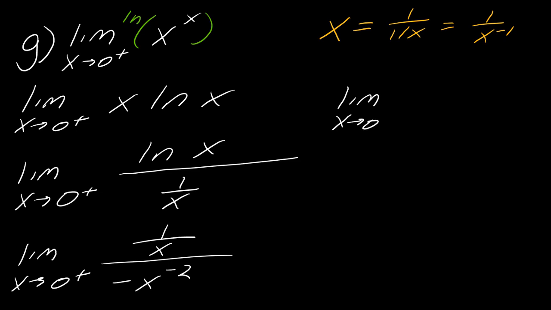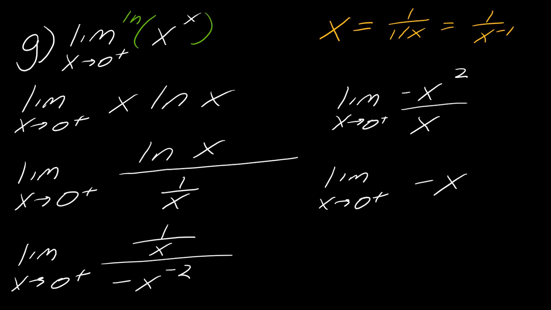So I've now got negative x squared over x, and this is still approaching 0 on the right. So this is the limit as x approaches 0 on the right. This is ultimately going to simplify to just negative x. So finally I can evaluate this limit, and this just equals 0.